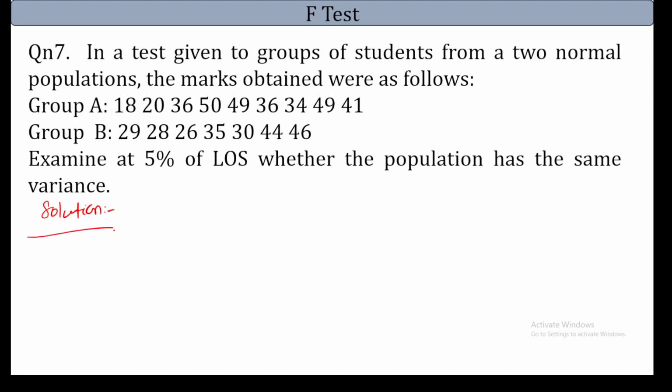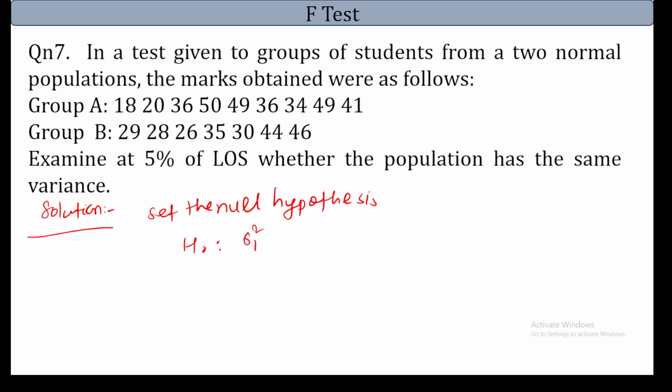Can you try or shall I start? I will start. We have two more questions: this one and one more. Then I will just introduce you to what ANOVA is and how we can do it. Okay.